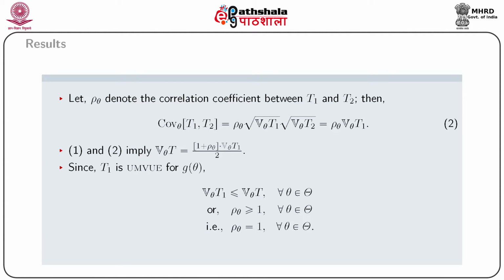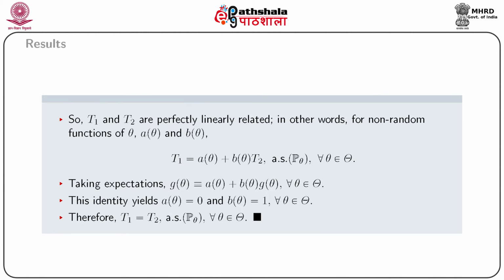Since rho theta (T1, T2) cannot be greater than 1, it follows that rho theta (T1, T2) is equal to 1 for all theta, which implies that T1 and T2 are exactly linearly related.